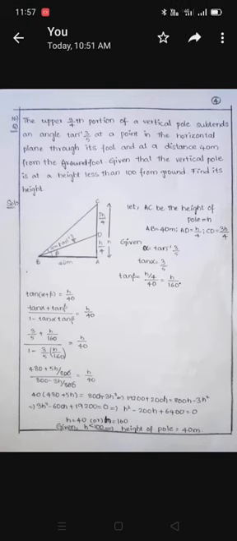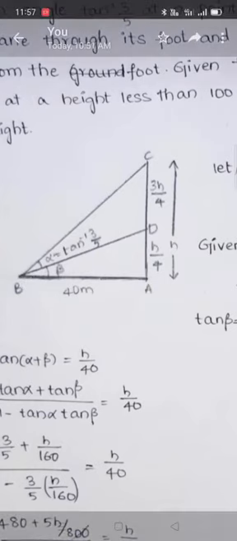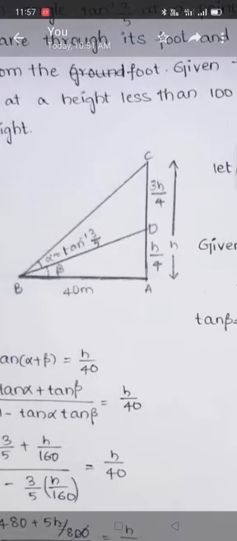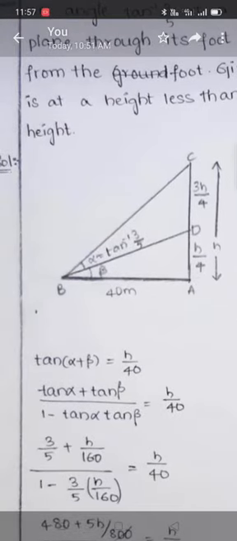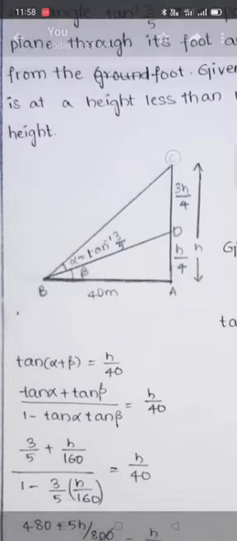So up to here we successfully found the values of tan alpha is equal to 3 by 5 and tan beta is h by 160. So now we are taking the right angle triangle ABC. Here the angle of elevation is the sum of these two angles, alpha plus beta. So I am applying tan of alpha plus beta, which is equal to opposite side AC bar by adjacent side AB bar.